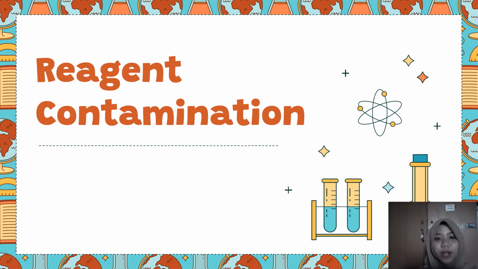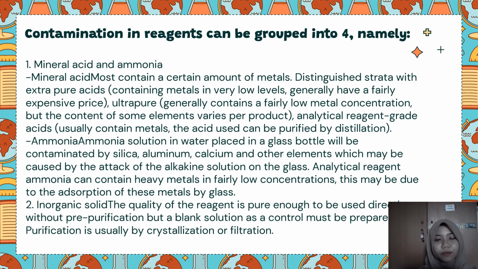And then reagent contamination. Contamination in reagents can be grouped into 4, namely: the first, mineral acid and ammonia. Mineral acids must contain a certain amount of metals. Extra pure acids containing metals at very low levels generally have a fairly expensive price.